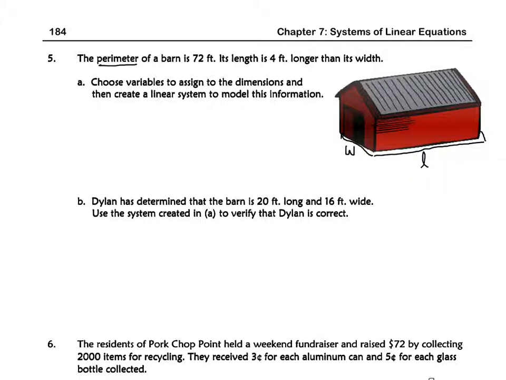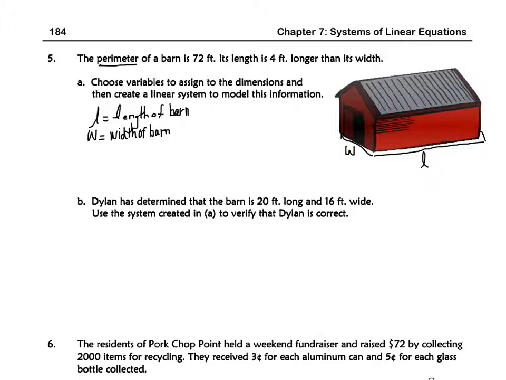Sometimes it helps to draw a diagram. The diagram is provided here, but if this diagram wasn't provided, I'd probably just draw a rectangle to show the base of the barn. So we're going to say L is the length of the barn, and we're going to say W is the width of the barn.